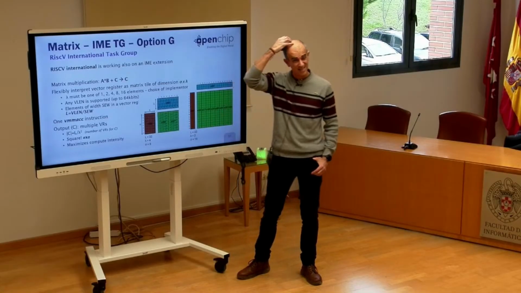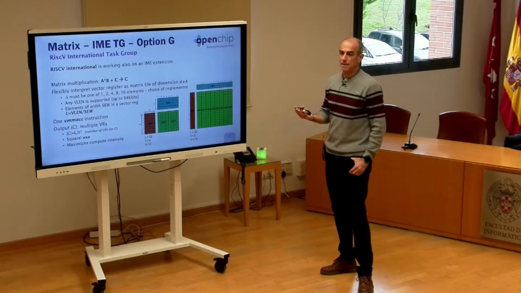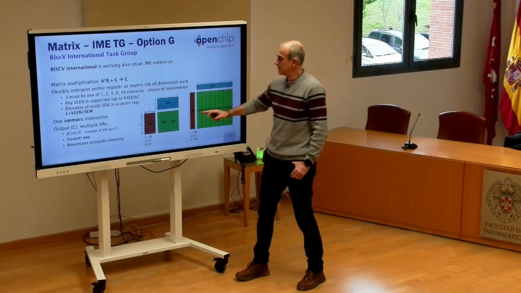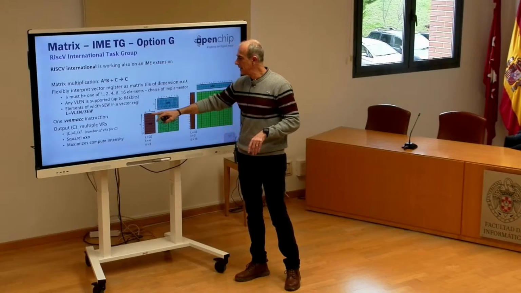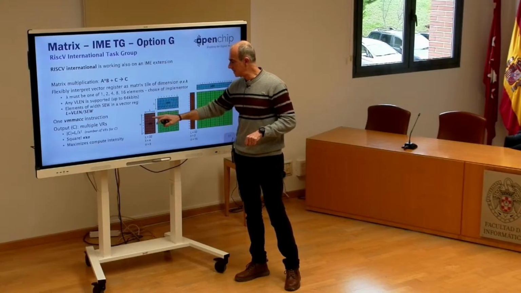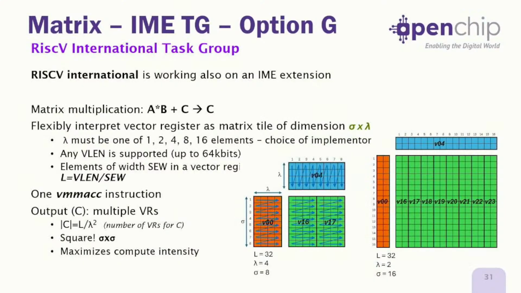Normally, matrices are stored in memory in row major order, which means I store the first row, and then sequentially the second row, and then I put this data in this order in this vector register, while I put the other in this order in this vector register, and the multiplication creates this kind of result, which is composed of two vector registers.